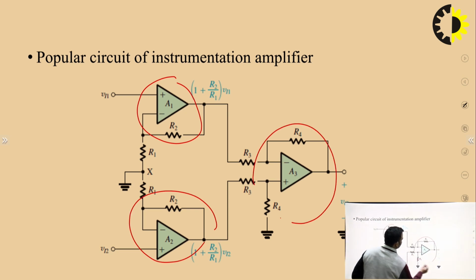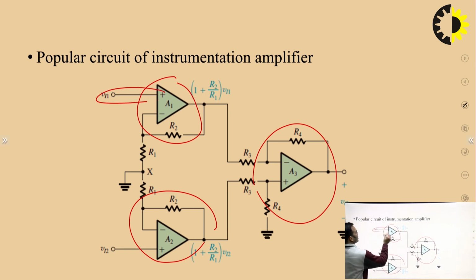that is the third amplifier. In this case, amplifier A1 is used in the non-inverting mode because we are applying input at the non-inverting terminal.